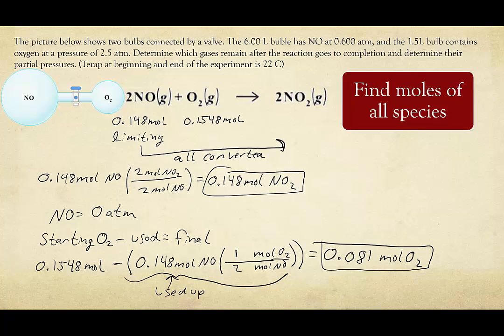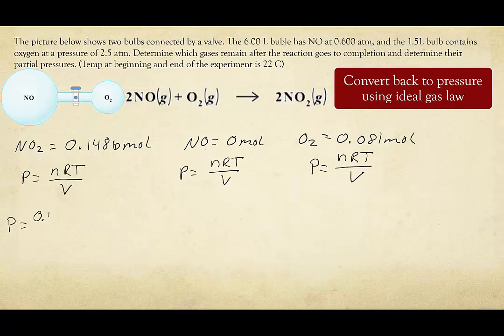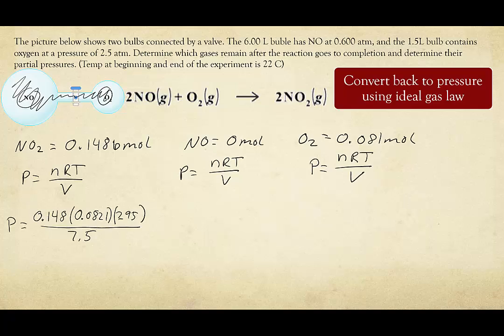Now that we have our moles of everything, we can go ahead and convert all of these back into pressure by using PV equals nRT. And for each of these, fill into the ideal gas law. Be careful when we fill in our final volume to make sure that you're encompassing both bulbs, because now the gas is allowed to fill the entire container.